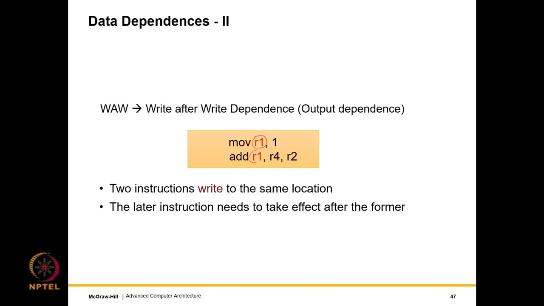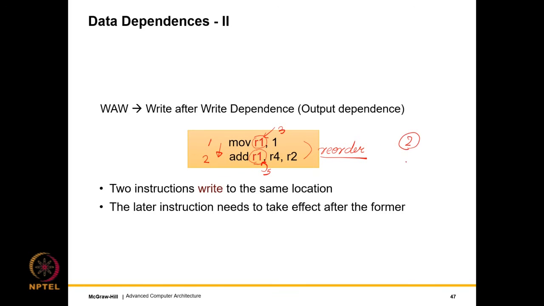Since they write to the same location, and of course this is the program order, it is not possible to reorder these two instructions. Let us say this is writing 3 to R1 and the next instruction is writing 5, and the first is instruction 1, then 2.